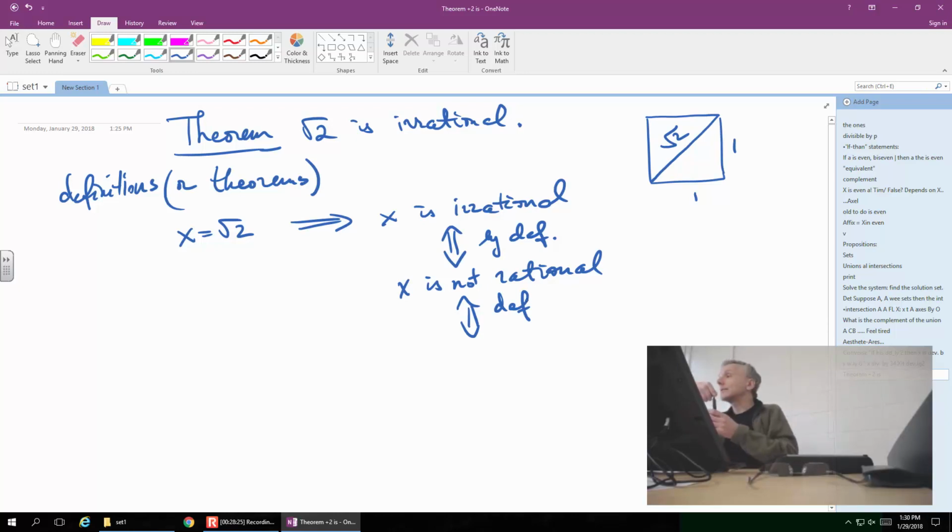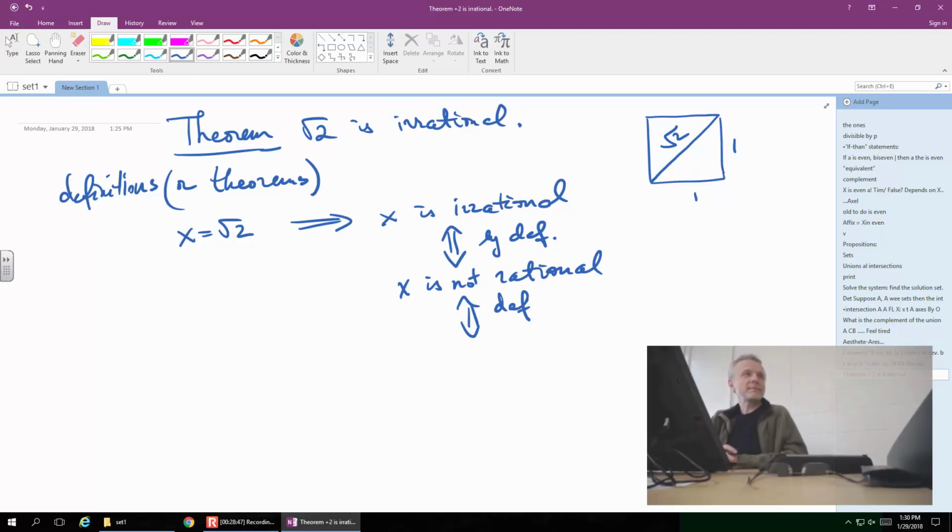Terminating? No, 1/3 is a rational number. It does not terminate. The vice versa is true, as a matter of fact. So that's an example of a statement where the converse is not true. A terminating decimal is rational, but not necessarily every rational is terminating.